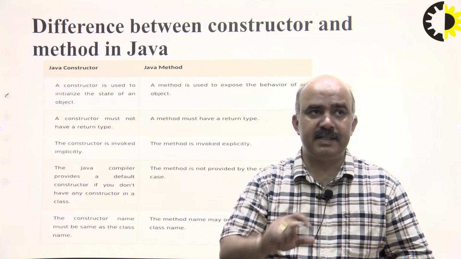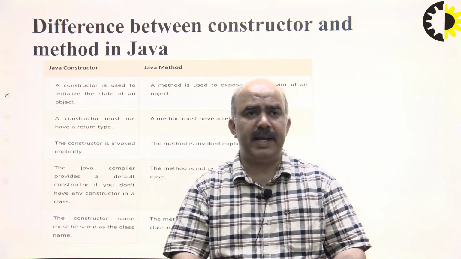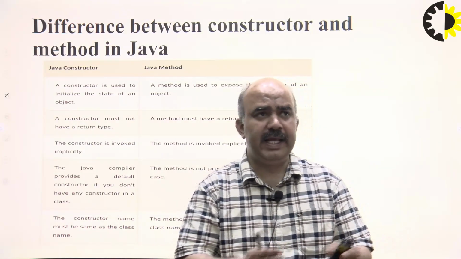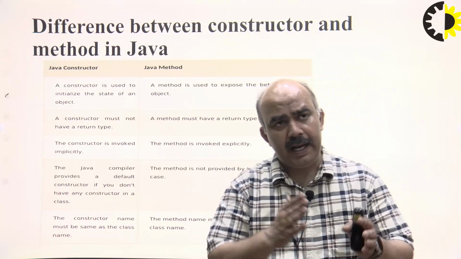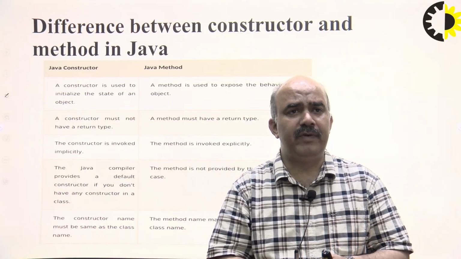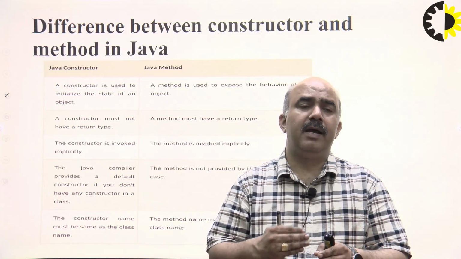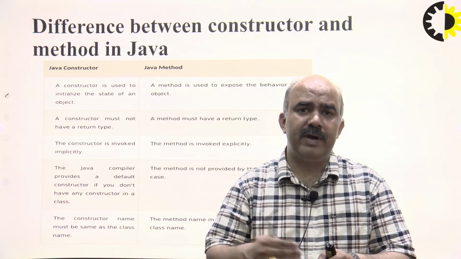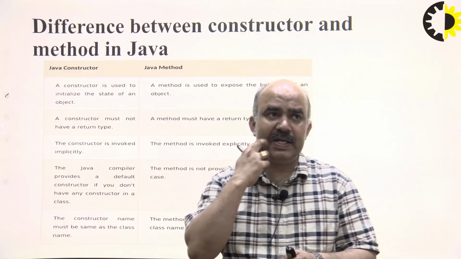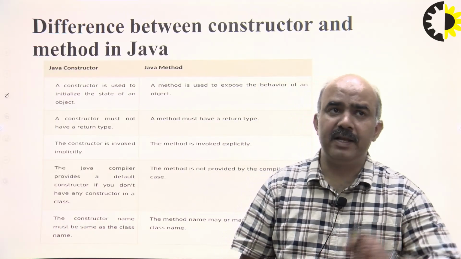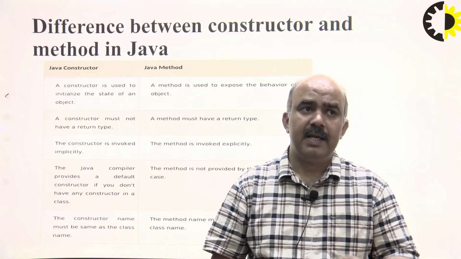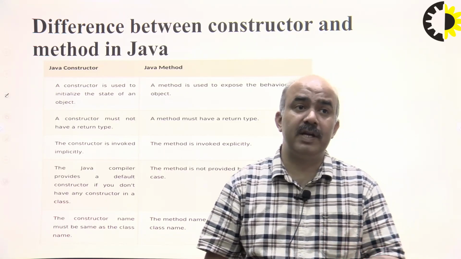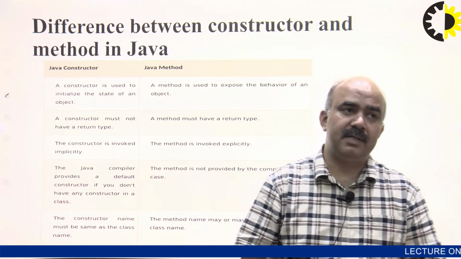So, this is the difference, as I already discussed the methods initially. We need to differentiate between Java constructors and Java methods. Java methods have to be defined within the class, but not inside the main method; they have to be defined outside main. A constructor is used to initialize the state of an object, while a method is used to expose the behavior of the object. A constructor must not have any return type, while a method can have any return type. A constructor is invoked implicitly, while a method is invoked explicitly.